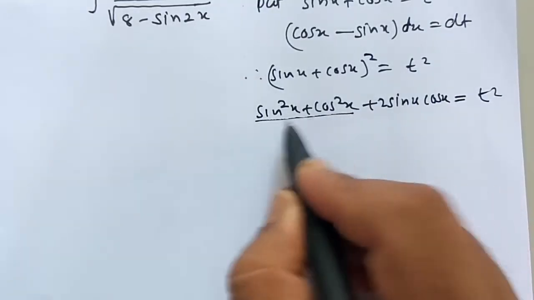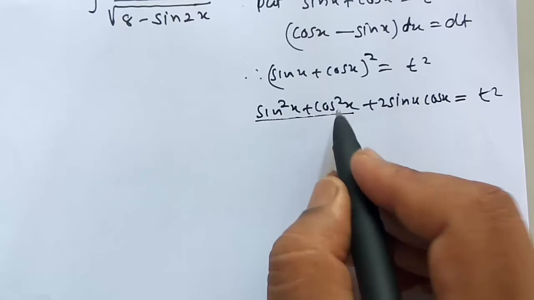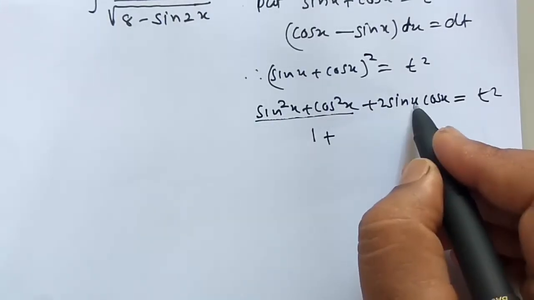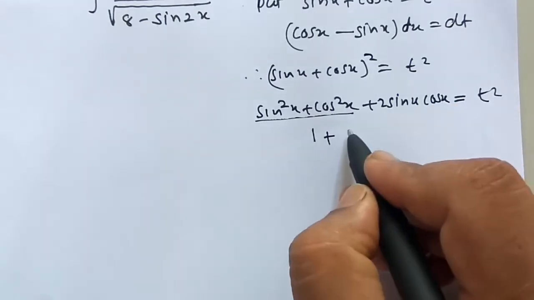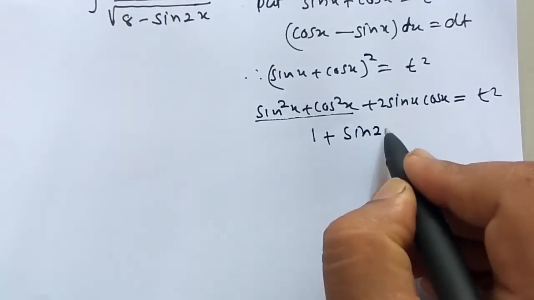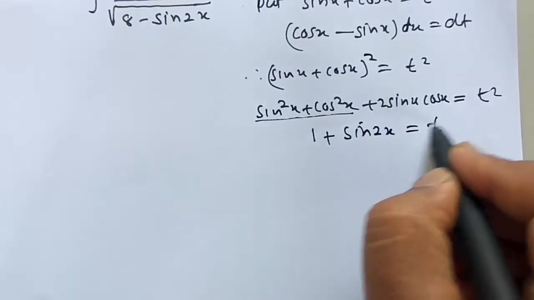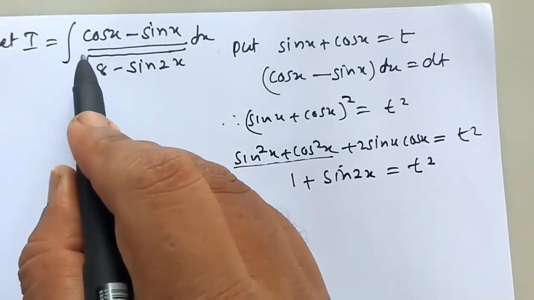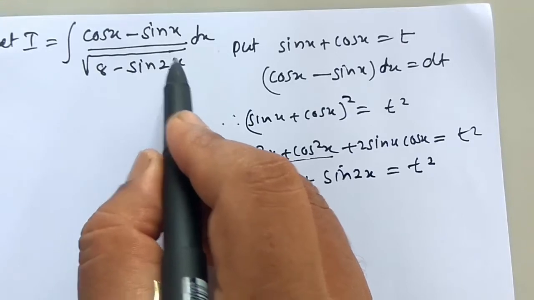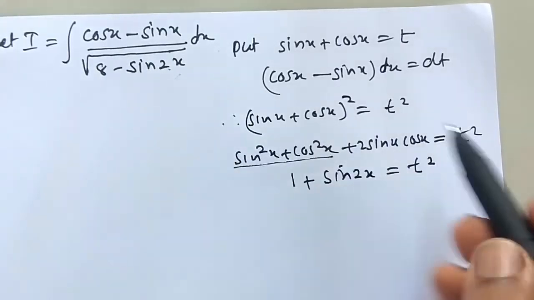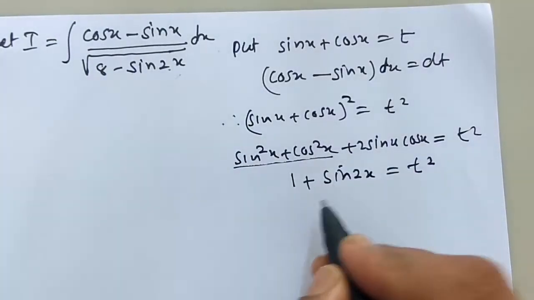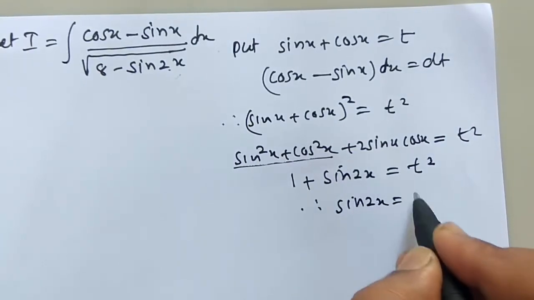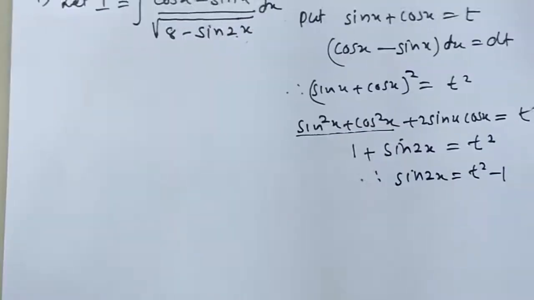By identity, sin square x plus cos square x is 1, plus 2 sin x cos x, by the double angle formula, is sin 2x, equal to t square. In the denominator, under root of 8 minus sin 2x, we can replace this sin 2x in terms of t square. Therefore, sin 2x is equal to t square minus 1.